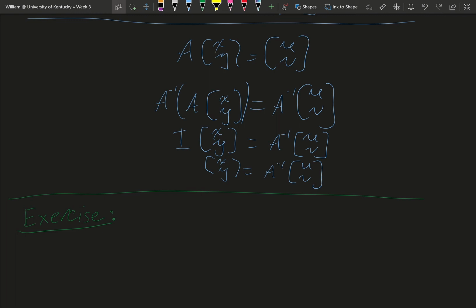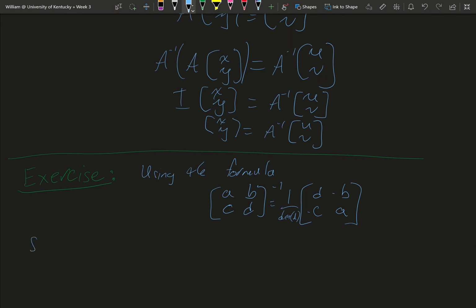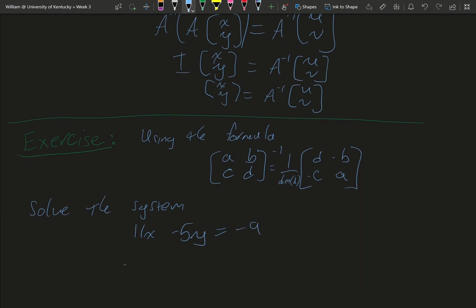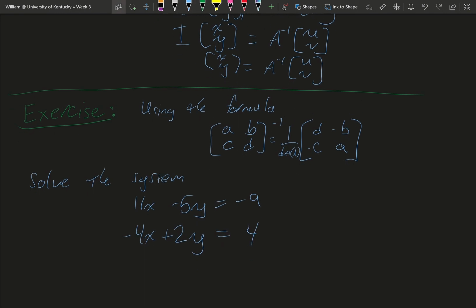So let's do another exercise. So do give this a shot. So using the formula, solve the system 11x minus 5y equals negative 9, negative 4x plus 2y equals 4 by converting it to a matrix equation.